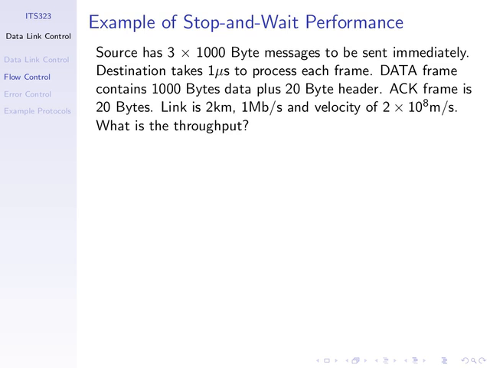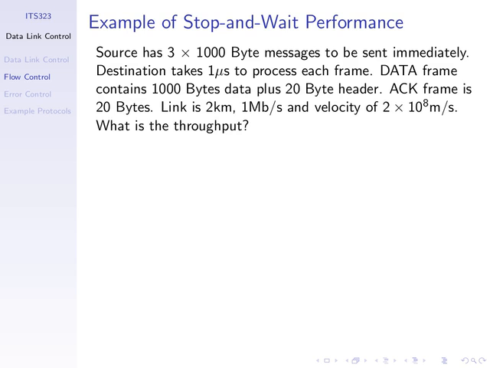The source has 3,000 bytes of real data to send, and it has that at the start. Each data frame contains a maximum of 1,000 bytes of real data, and it also contains a header of 20 bytes. An ACK is 20 bytes in this example.